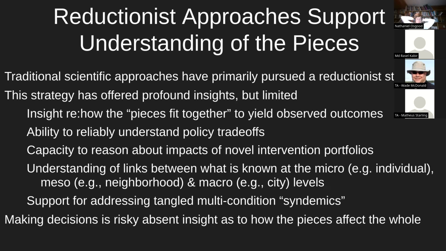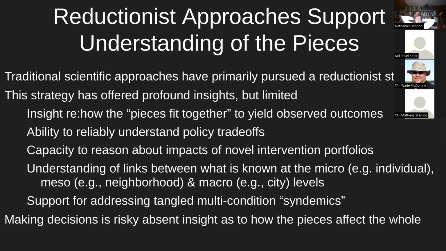So this strategy of taking things apart into pieces has given us profound insights, but it isn't the whole story, any more than you build a house purely with specialists: plumber, electrician, roofer, concrete specialist.